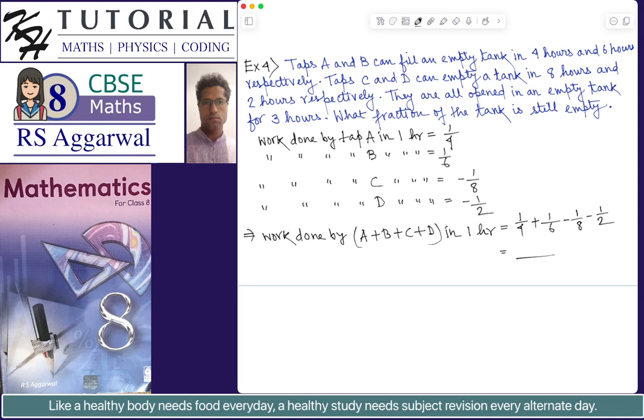So the LCM will be 24. So 6 plus 4 minus 3 minus 12. So we can see that it is coming out to be negative.